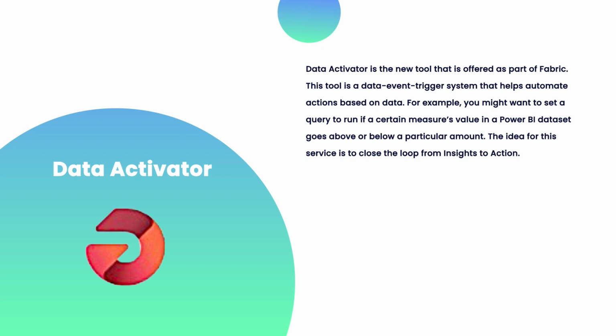Let's consider sales data: if the sales of a particular month go above 500, Data Activator comes into the picture. It would trigger an automation, or an email, or if we have set up a pipeline, it would activate that pipeline. So this is how Data Activator is a part of Microsoft Fabric.